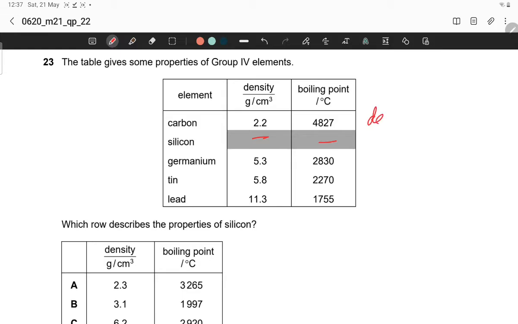For density, 5.3 minus 2.2 is equal to 3.1.